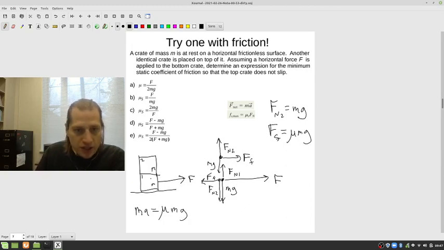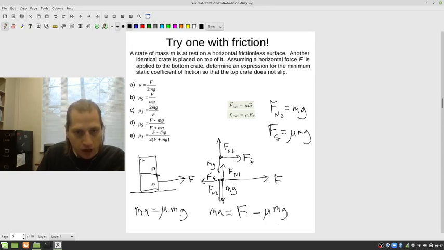Now notice these both have the same mass, so my bottom object is also going to be ma, because I'm just using F equals ma. But what forces do I have acting on it? I have F in the positive direction minus my force of friction. It has to have the same sign, so it's going to be minus mu mg.